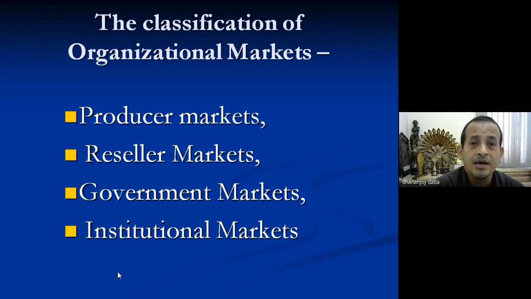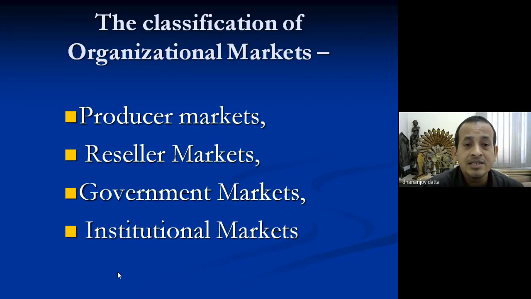Next, we will go through the classification of the organizational market. In the classification of the organizational market, we will go through four types: producer market, reseller market, government market, and institutional market.